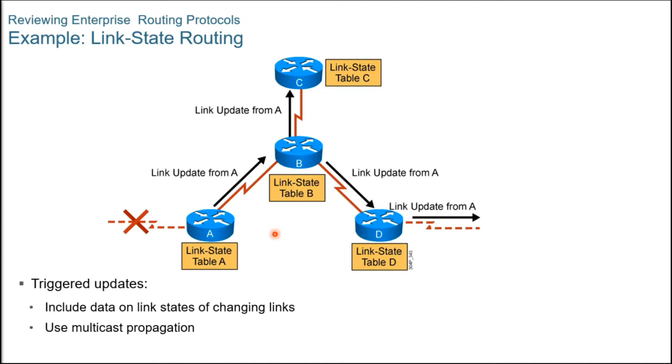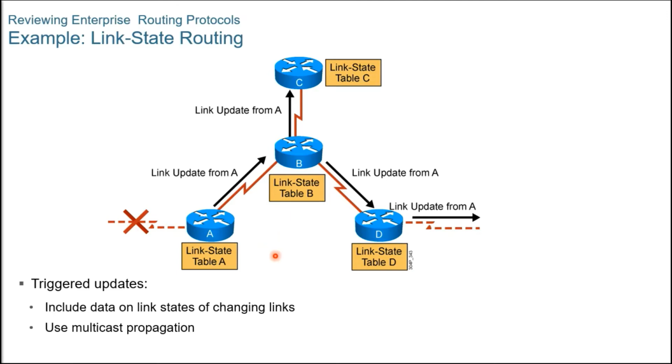The link state protocols are fast to converge, have less routing traffic overhead, and scale well. However, because of their complexity, the link state protocols are more difficult to implement and maintain. The IP link state protocols are OSPF and the integrated ISIS.